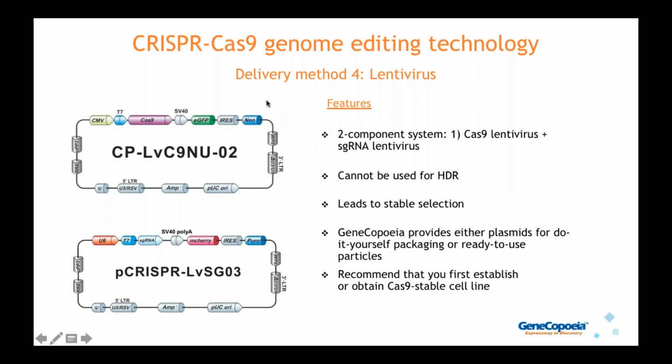But lentivirus, again, is still a widely used method. And so there are several ways of getting lentivirus into cells. At GeneCopia, we have a two-component system. One is lentiviruses that express the Cas9 nuclease by itself. And shown here is the Cas9 nuclease lentiviral vector. And the second component is a lentiviral vector that expresses the single guide RNA by itself.